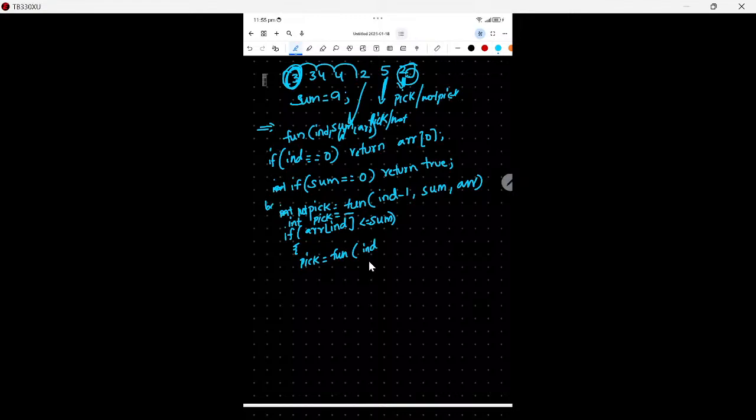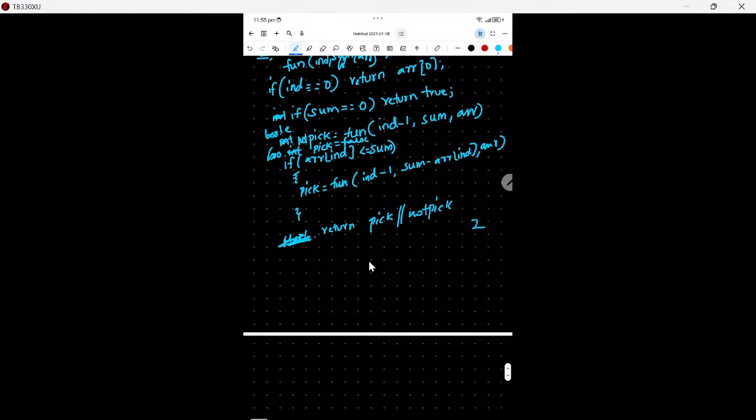These two are boolean, so let's make it false initially. Then the call is the function with index minus 1 and sum minus arr of ind, comma arr. That's it. We have to return pick or not pick. I hope I don't need to explain this.